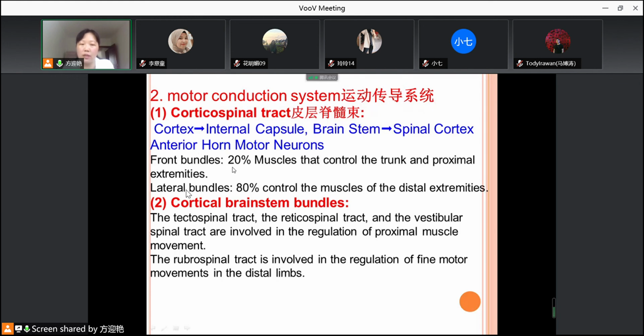The functional bundles, about 20%, control the proximal muscles, and the other bundles, maybe about 80%, control the movement of the distal muscles. If you're interested in the corticobulbar bundles, you can read the textbook.